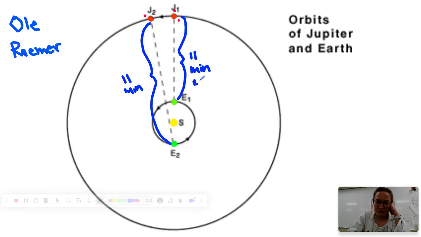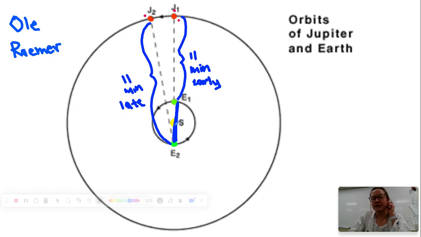So here it's 11 minutes early when he sees the eclipse, and here he sees the eclipse 11 minutes late. And so he came to the conclusion that if this light is getting there 11 minutes early and this light is getting there 11 minutes late, it probably takes about 22 total minutes for the light to cross the orbital path of Earth, because it would take 11 minutes less if it didn't have to travel that part at all, and it would take 11 minutes more if it had to do an extra half.